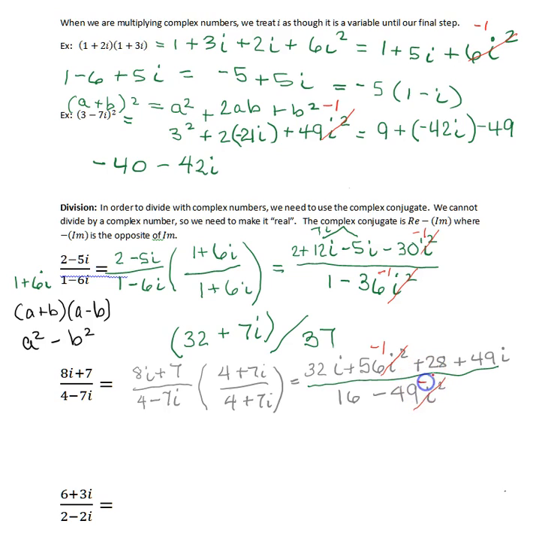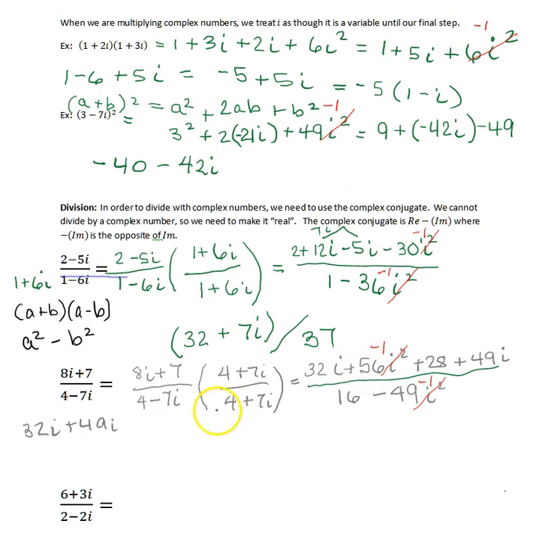So that becomes a -1 that I'm multiplying by. All right, so back to my gray here. I'm going to have a 32i plus a 49i.